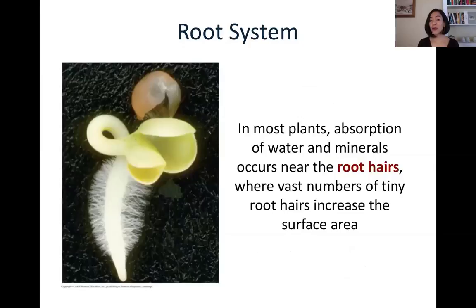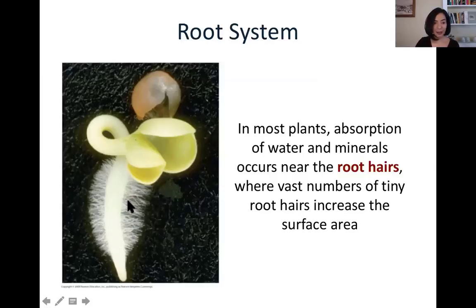The main root is going to emerge from the seed. So this is a seed of a eudicot, and you can see the two cotyledonary leaves in here. And the root emerges as well, and rapidly is going to form these root hairs.